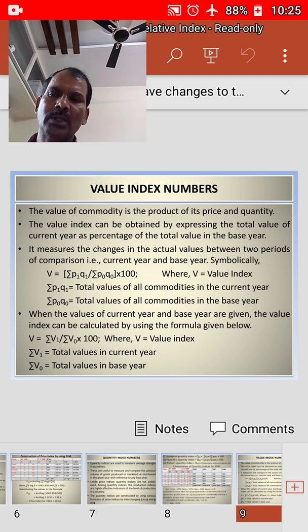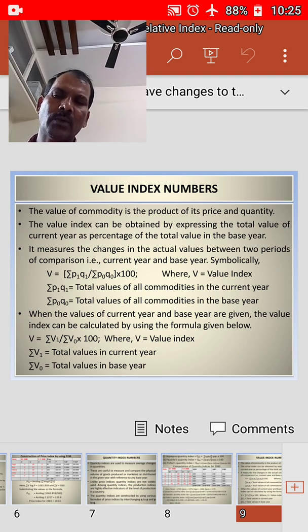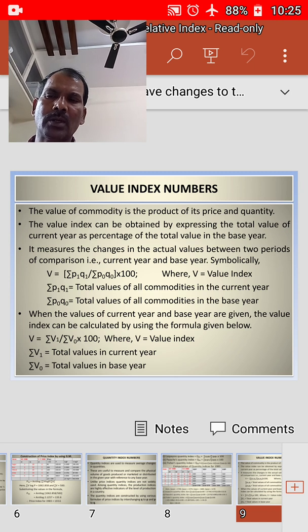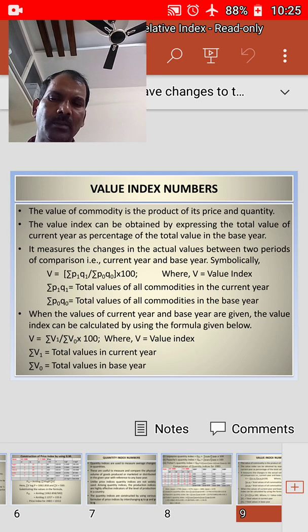Where V is equal to value index, sigma P1 Q1 is equal to total value of all commodities in the current year, and sigma P0 Q0 is equal to total value of all commodities in the base year.